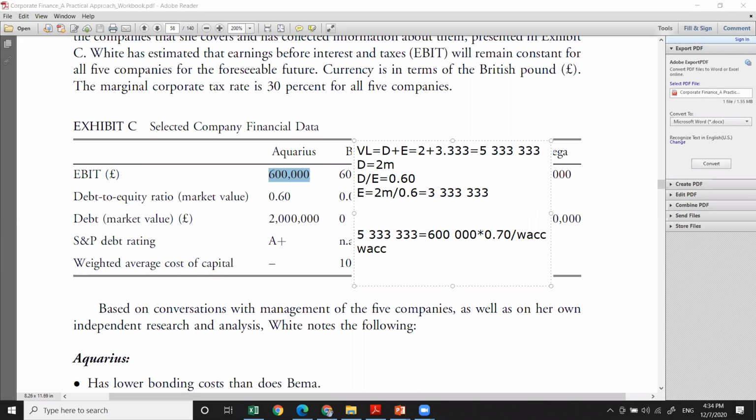So 600 adjusted to the tax divided by 5,333 would give you the WACC of this company. This is the WACC for the company, which is not fully financed by debt and equity.